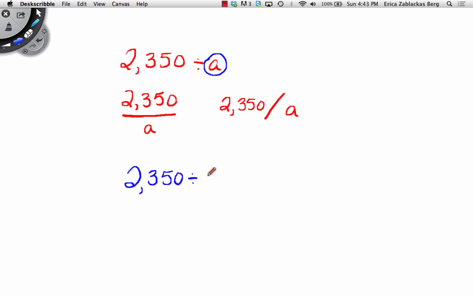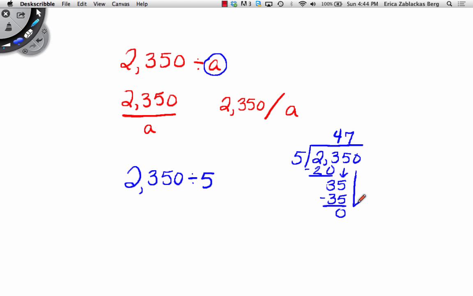2,350 divided by 5. So let's go ahead and evaluate that by doing long division. 2,350 divided by 5. Our dividend is 2,350, so make sure it goes on the inside of your box. 5 can go into 23 4 times. 5 times 4 is 20. 23 minus 20 is 3, and then we bring down the 5. 5 can go into 35 7 times. 5 times 7 is 35.